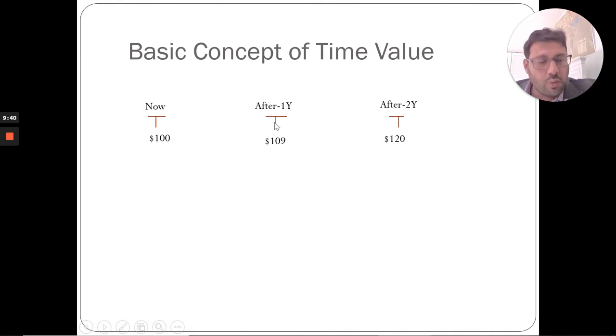So the only way we can compare three alternatives and make a sound financial decision is if we reevaluate or revalue the cash flows of the different investments which involve different time periods. Like over here, there are 3 different time periods, so we calculate or revalue the cash flow at the same point in time.